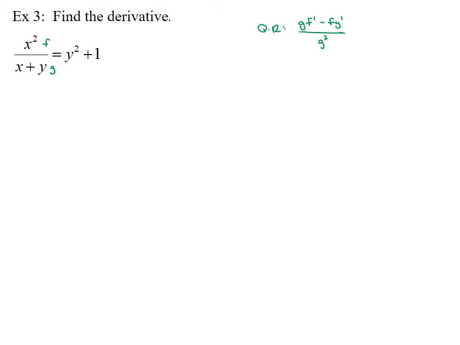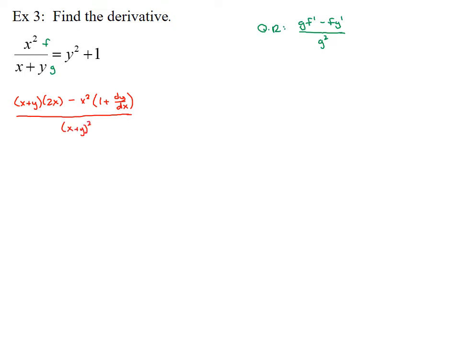When you apply the quotient rule on the left-hand side, this is going to end up being x plus y times the derivative of f, which is 2x, so nothing different yet, minus f, which is x squared, times the derivative of g. So the derivative of x is 1. The derivative of y, while it is 1, you have to also multiply that by a dy/dx. So I'm just going to call this 1 plus dy/dx over g squared.